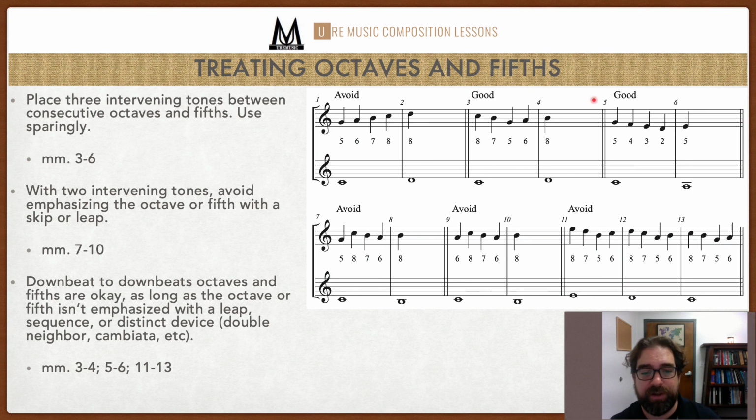This one's okay because we're moving from a dissonance into a downbeat of a fifth. This is skipping, but the other line's moving by step. So remember, anytime you have a skip or a leap in one part, the other part should move by step to even out that skip or leap. If both of these parts were to skip into the downbeat, that would be a little bit awkward and problematic.